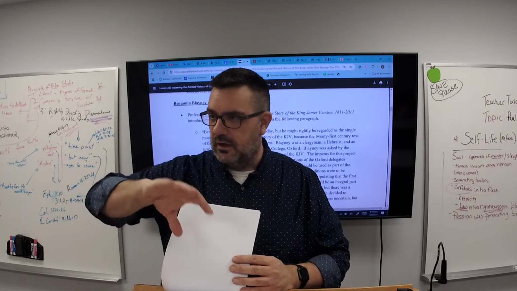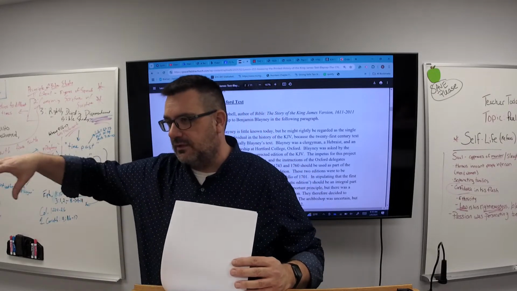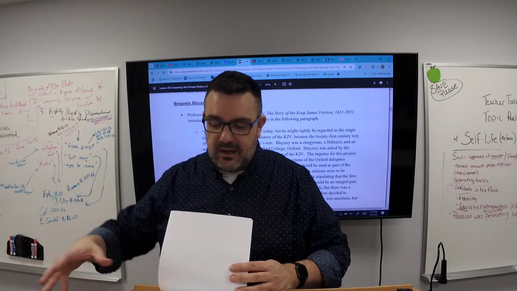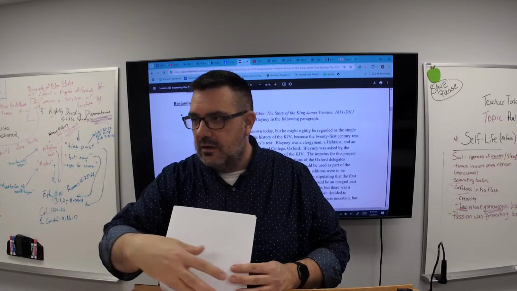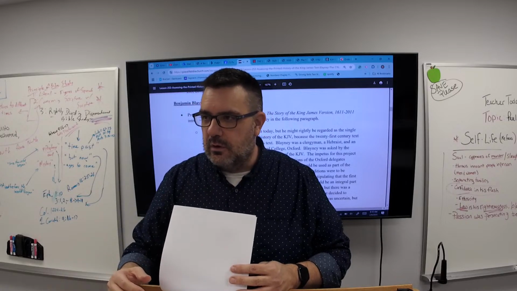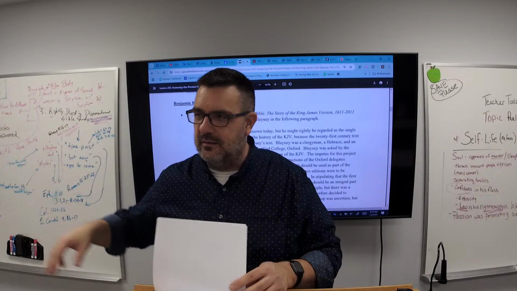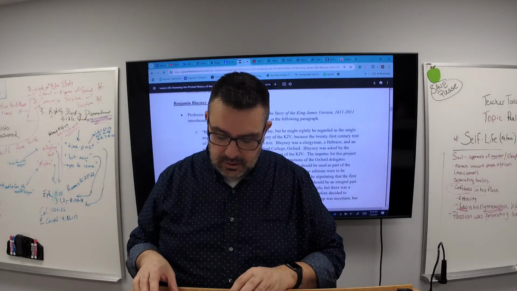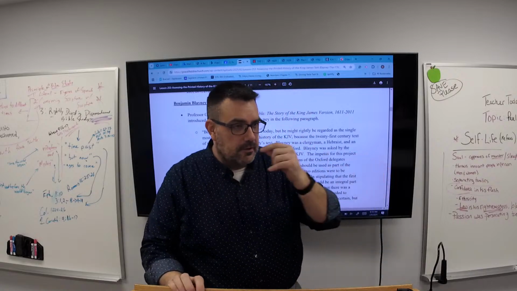Over the next couple weeks in lessons, we're going to be looking at what Blayney did, and you're going to see that he basically just took Paris's editorial principles and extended them consistently throughout the text. Does that answer your question? Okay. Anyone have a question over here?